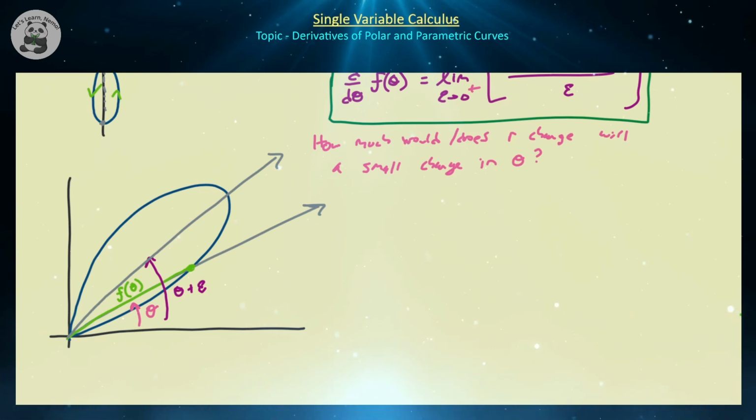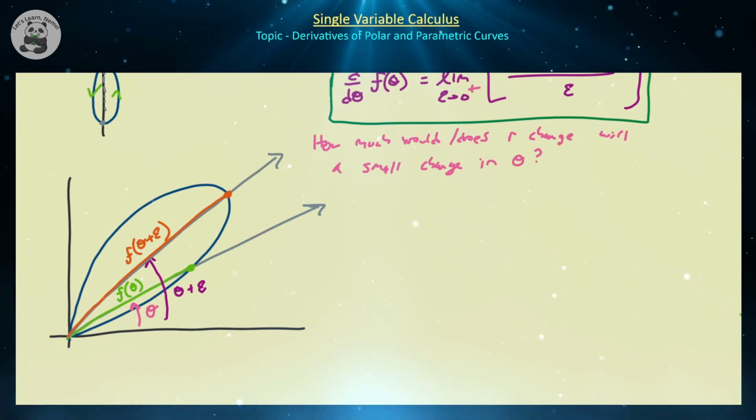So this distance here is going to give you f of theta plus epsilon. So obviously we're a little bit farther from the origin than we were at whatever theta value you have, right?